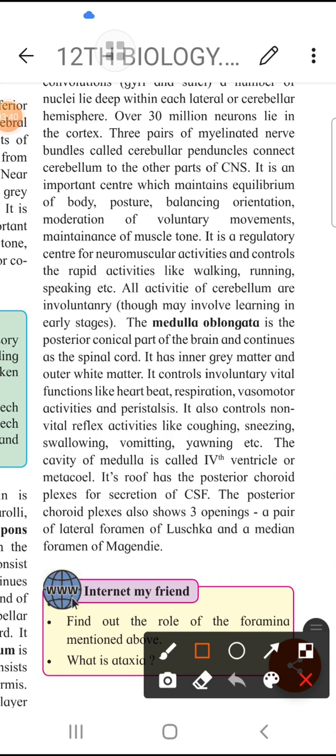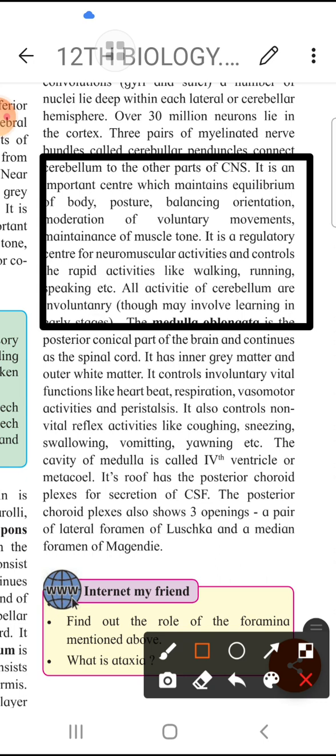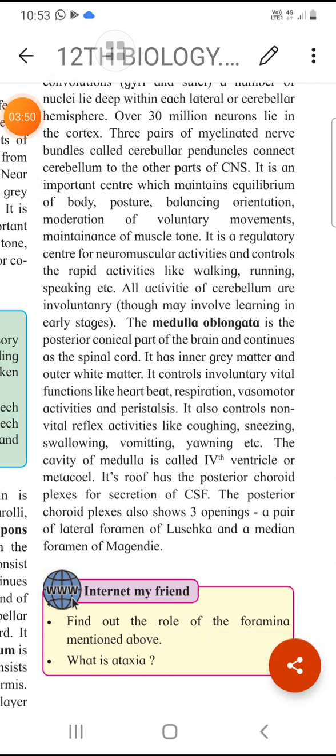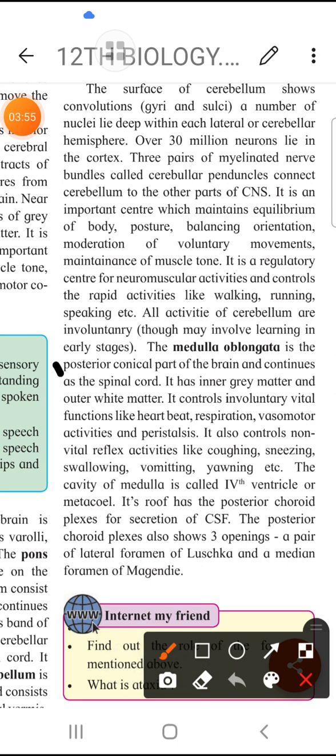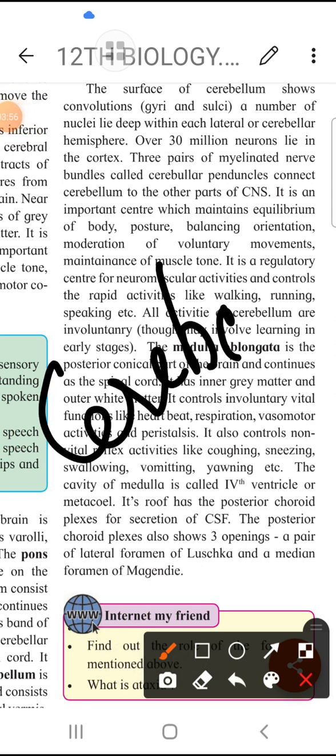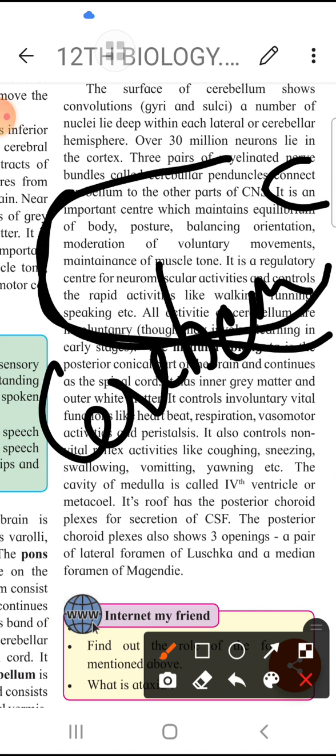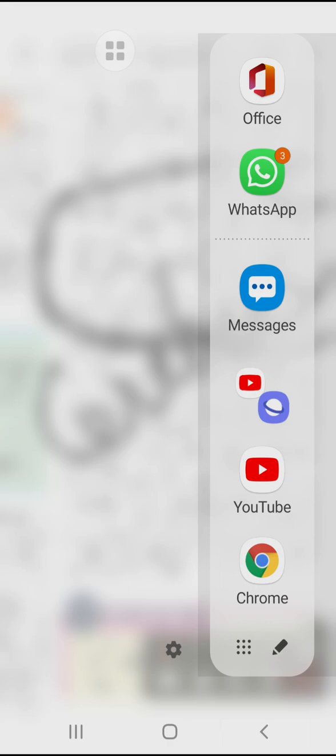You just count second column here. So this is talking about function of cerebellum. Okay. Just write cerebellum के functions हैं, जो कि start यहाँ से होता है. This whole paragraph. Okay. Let's read it.